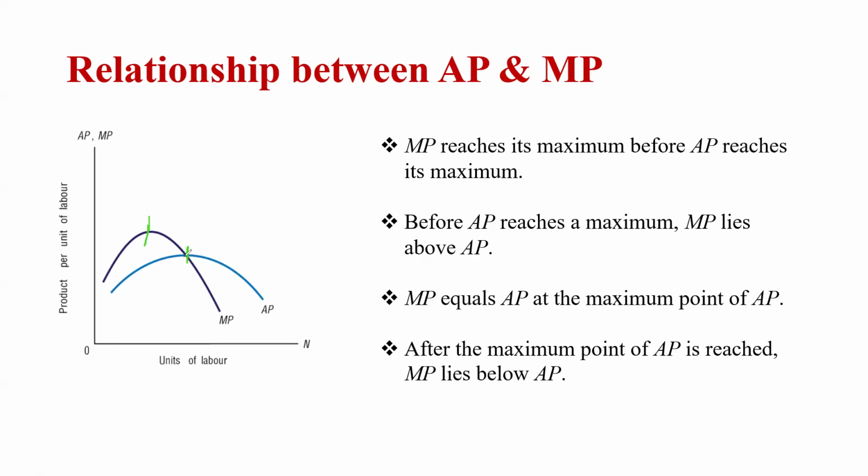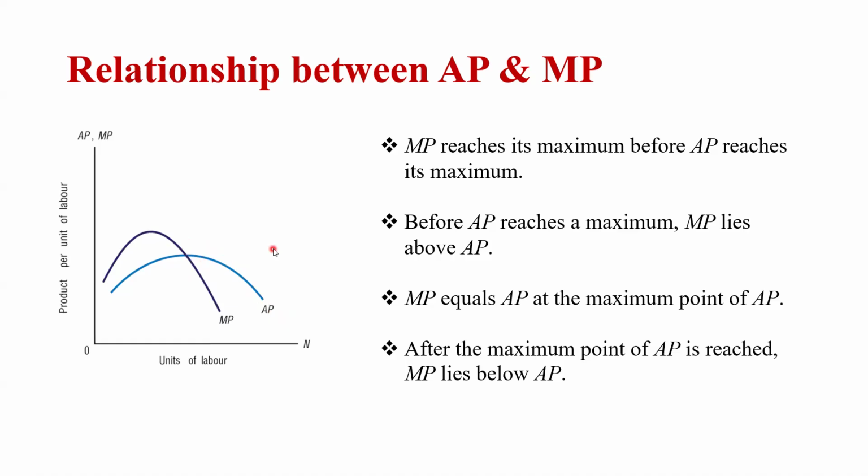As you can see, AP is above MP. So that is their relationship. And where they intersect, where they meet, AP is at its maximum, and AP and MP are equal. AP is maximized where marginal product intersects with average product, where they're equal.